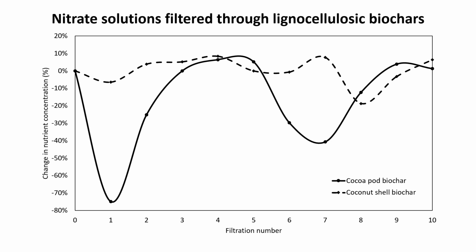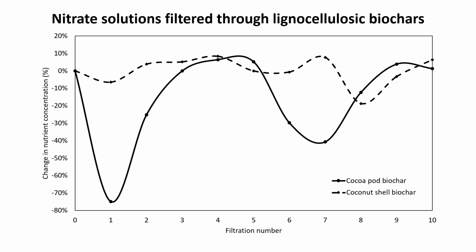We repeat that process, adding fresh nutrient solution for each of 10 filtrations, and we can see that we do get some regulation behavior below the maximum safe concentration in the environment, unlike poultry litter biochars, where we found that we're regulating between about 100% and 170% of that maximum safe concentration.